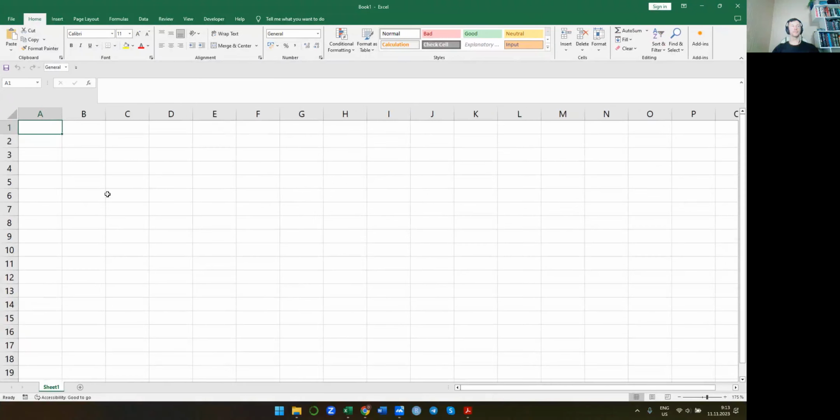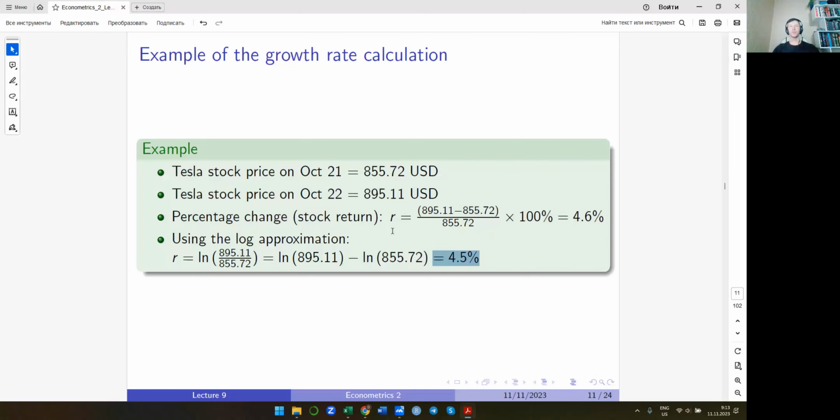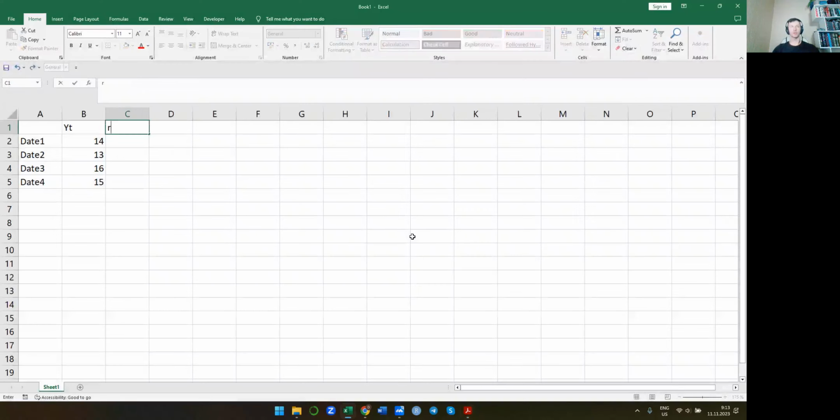So suppose you have like 3 dates. Date 1, date 2, date 3. Well, let's say date 4. And you observe some variable yt, and you have something like 14, 13, 16, 15. So now, if you compute this percentage change in a usual way, this is going to be 13 minus 14 divided by 14 multiplied by 100.